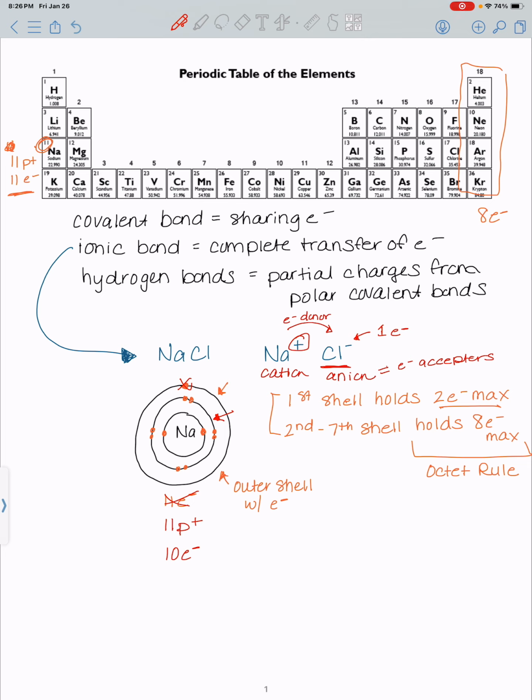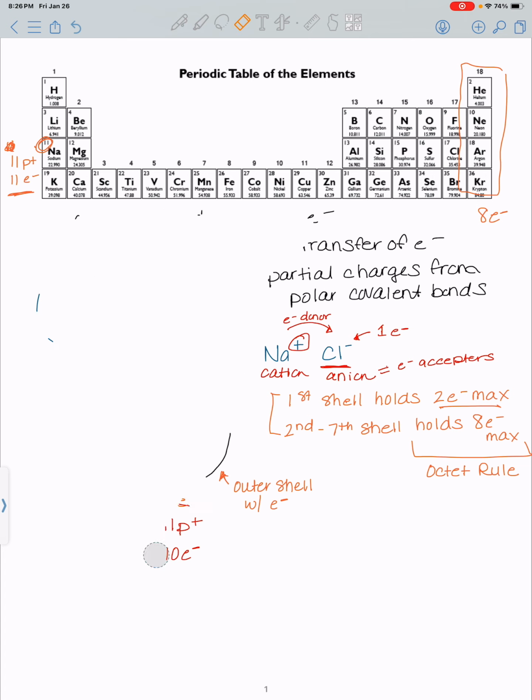Okay, so now let's do an example where we're trying to do the same thing we did before, but now we're working with a charged ion.